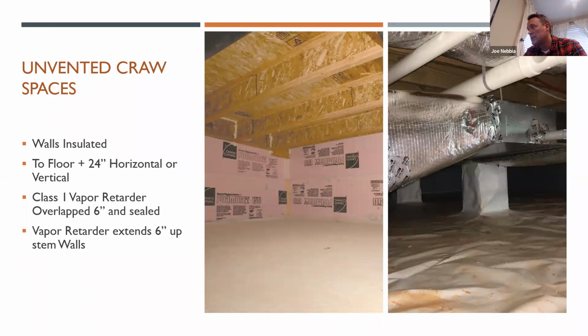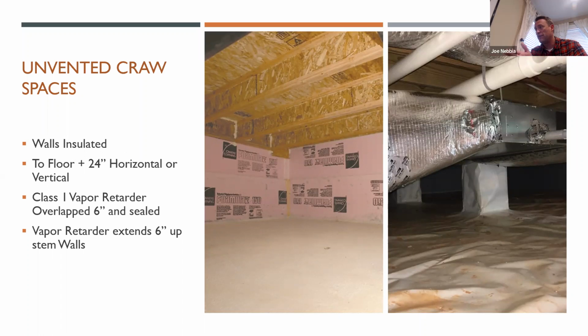For vented crawl spaces, we insulate the floor of the space above, just like we would for an unconditioned basement or something. For an unvented crawl space, that's conditioned space. So we move the insulation to the wall instead of the floor of the space above. So the walls are insulated, and it has to go to the floor plus 24 inches.